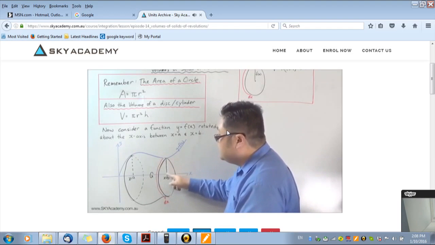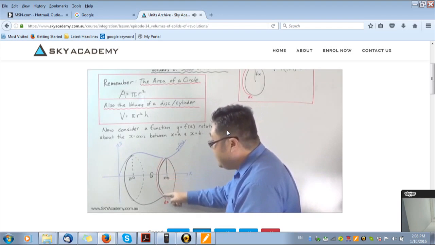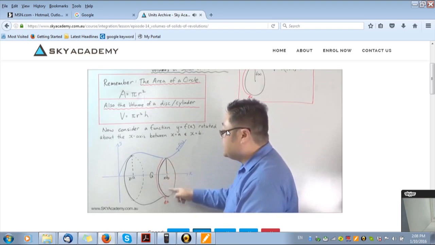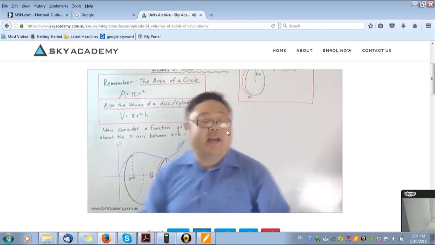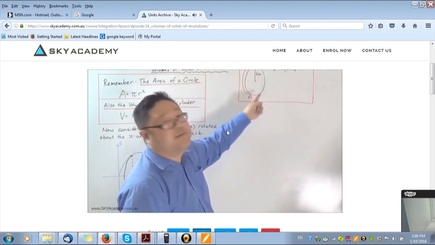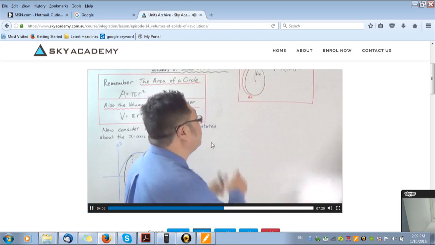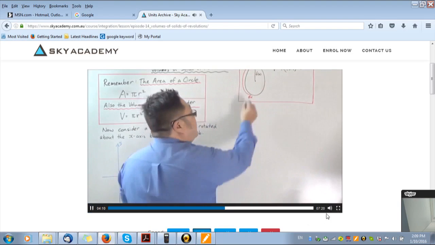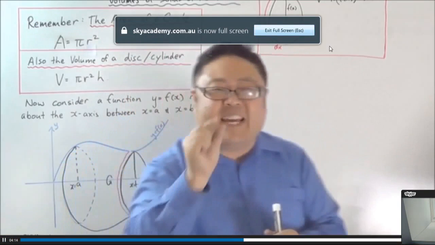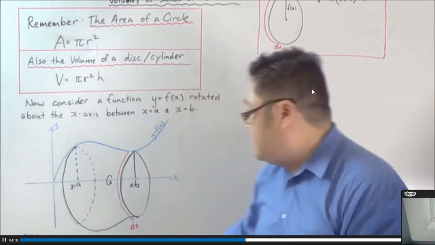Now, what I want to do is work out the area of one of the discs. Let's take any area whatsoever, and I've just done that here. You see that? So that's a disc. The thickness of that disc we're going to call dx, meaning an increment of x.